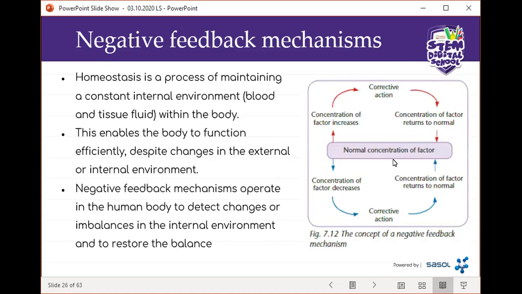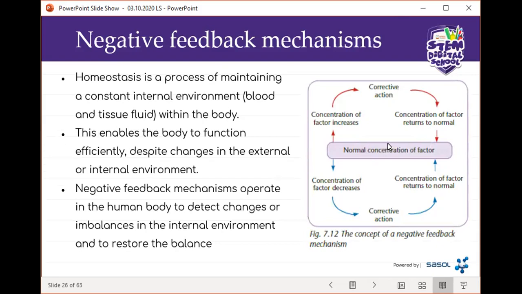So what we would usually have is a normal concentration factor, right? And if that concentration factor increases, then we have a corrective action that needs to take place. And then once the corrective action takes place, the concentration factor would return back to normal. Right.